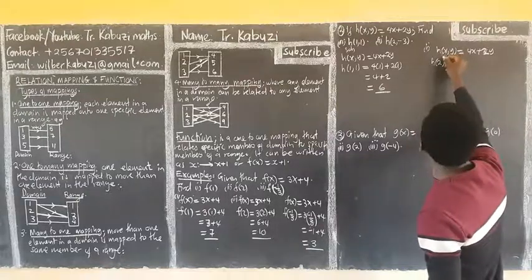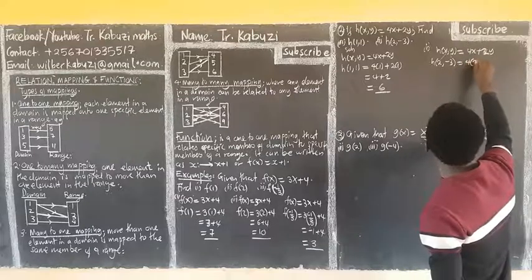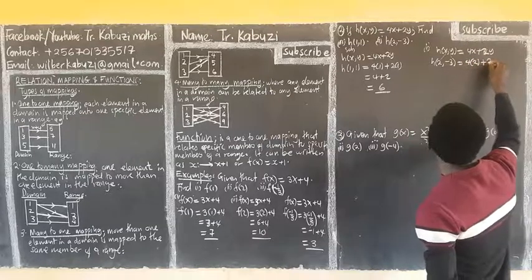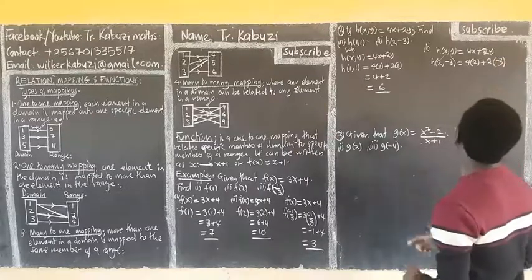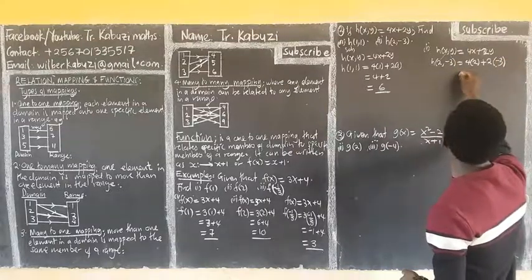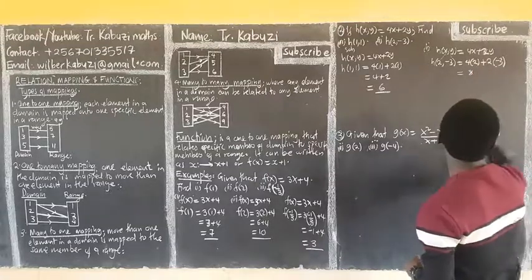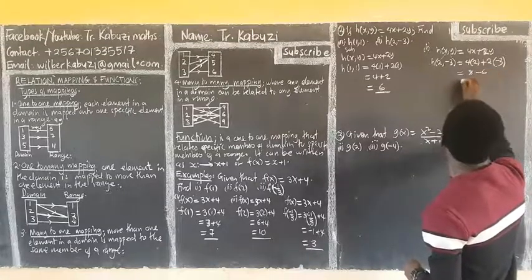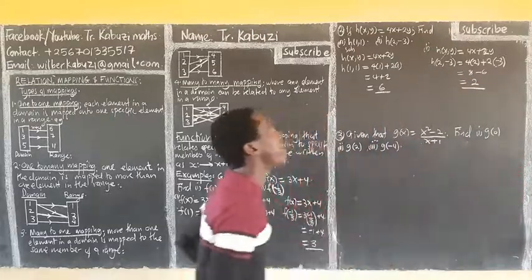This is in the place of x, this is in the place of y, substitute. So 4 times 2 plus 2 times -3. Where there is x, we put 2, where there is y, we put -3. So this will be 8, and 2 times -3 gives -6. So this will give us 2. As simple as that.